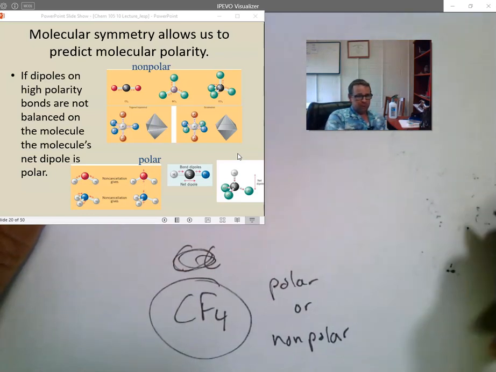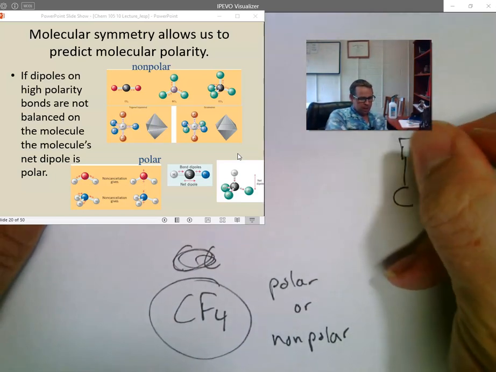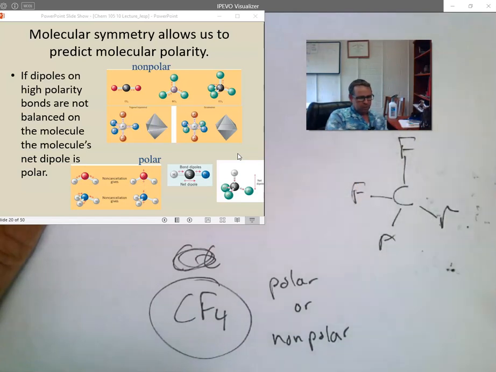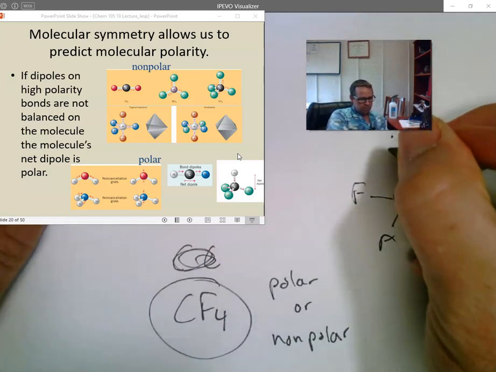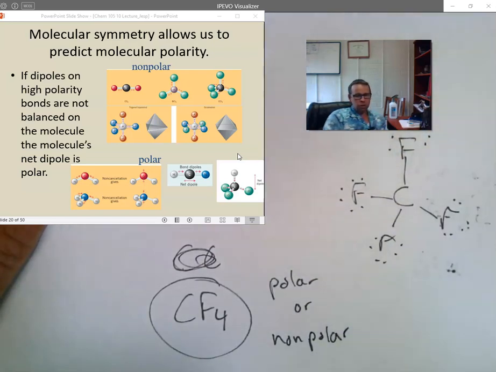Well, if we look at this compound, if we draw it out, C with F, F, F, F, right? 4 regions of electron density. The carbon-fluorine bond is surely polar.